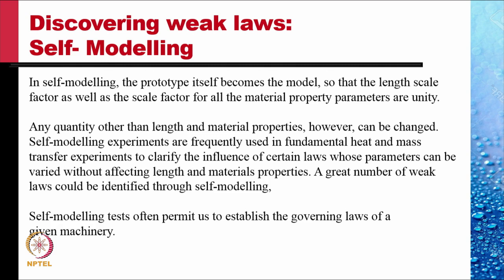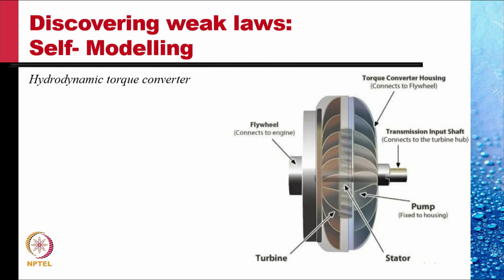Self-modeling tests often permit us to establish the governing laws of a given machinery. We'll discuss this for a hydrodynamic torque converter. A hydrodynamic torque converter is used to transmit power from an IC engine to the wheels without the use of a conventional gearbox.